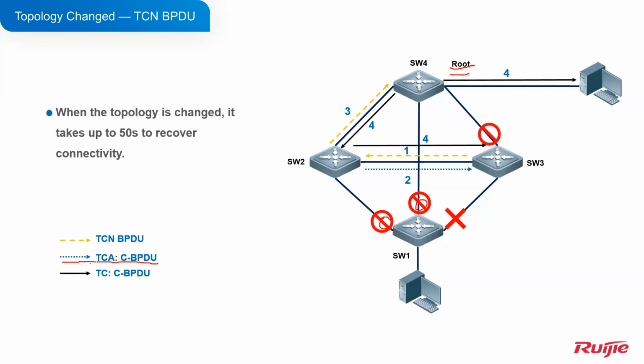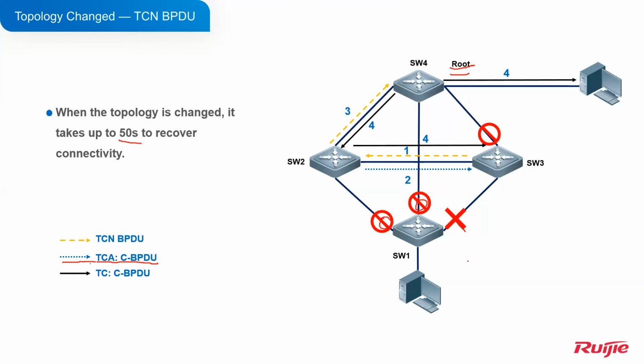Okay. But why is the time here 50? You can see why the time here is 50 seconds. Because once this port is down, we should wait for 20 seconds, which is max age. And after 20 seconds, we will start the TCN process, and the switch will be triggered to modify the role of the port from the alternate port to a new root port, right?